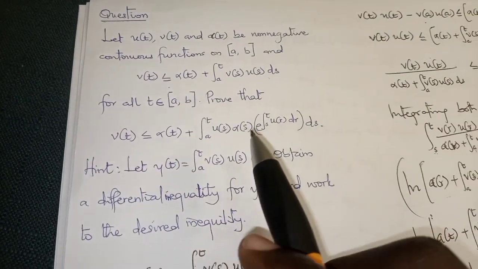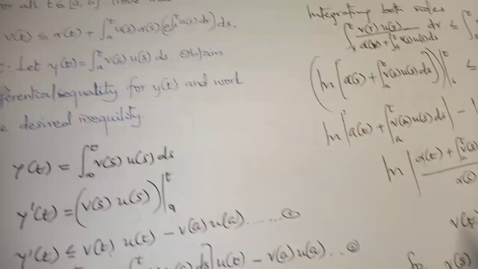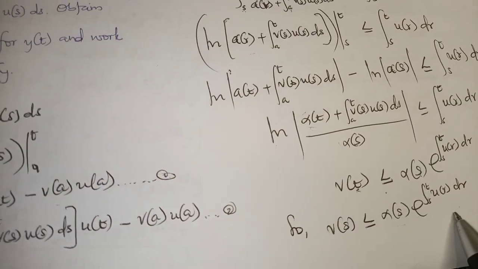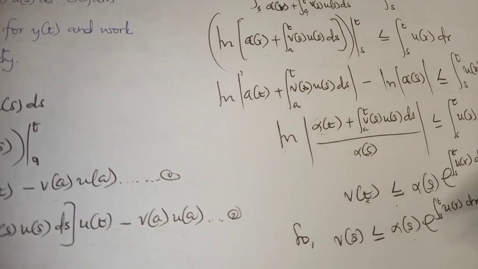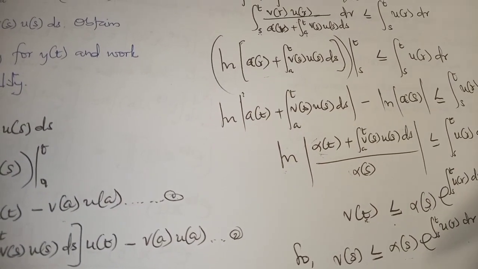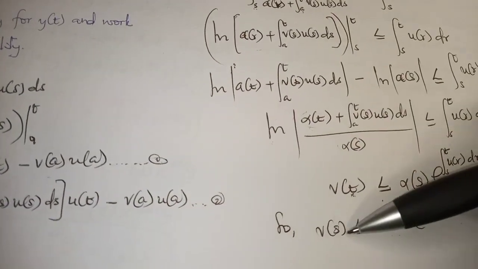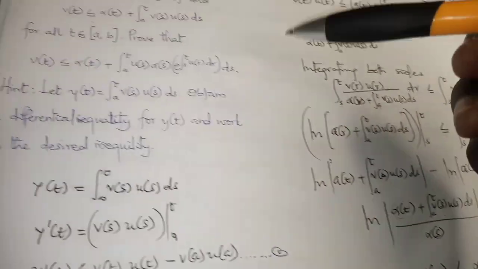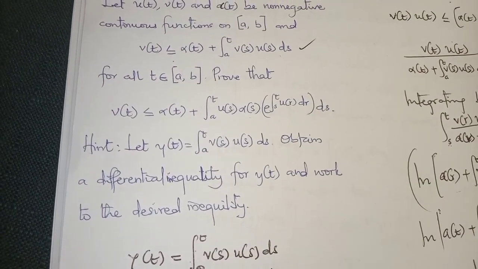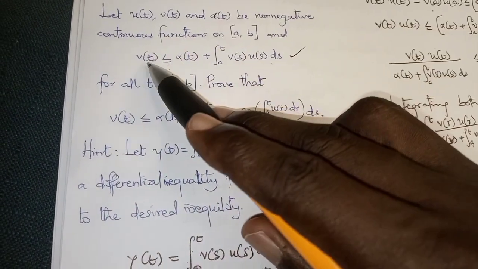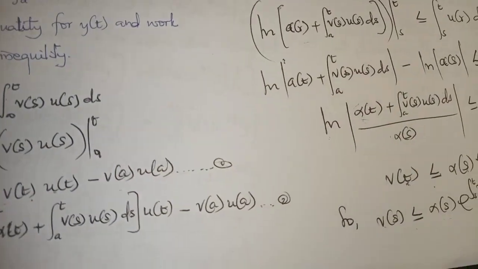So you could see we've obtained this here. So what is left is just this. What we do is we substitute that into the main equation. So we substitute this v of s into the original function.